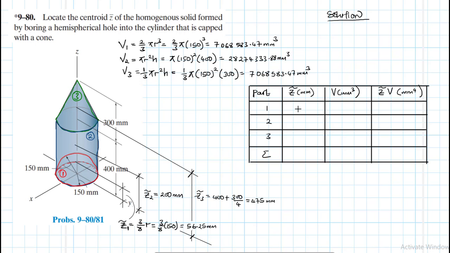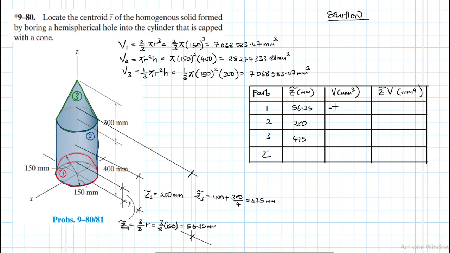What we have for z curled 1 is 56.25. Then z curled 2 is 200, and z curled 3 is 475. Volume 1, we said we are supposed to assign it a negative.